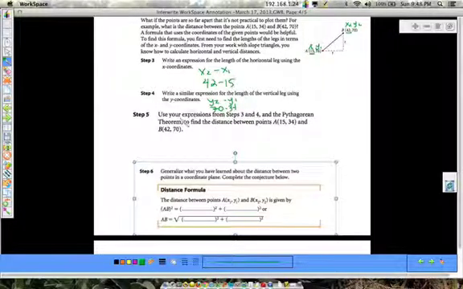So now it says use your expressions from steps 3 and 4 and the Pythagorean theorem to find the distance between points A and B. So we would say, okay, well then it's 42 minus 15 squared, because that's my horizontal, that's this leg, plus, let's do this in a different color.